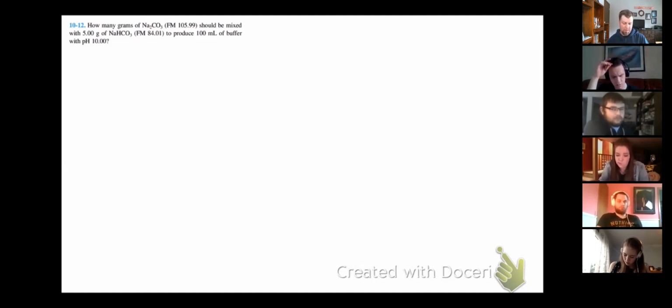Now, this is a fairly complex mathematical way to do it. We're going to take a look in a few minutes, I think during today's class yet, at simpler ways of identifying the predominant species in solution for acid-base systems. And we're going to rely on them being weak acids and bases, and we're going to rely on our understanding of buffers in order to do so.